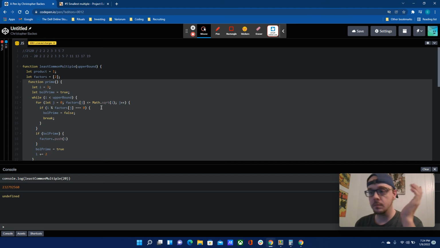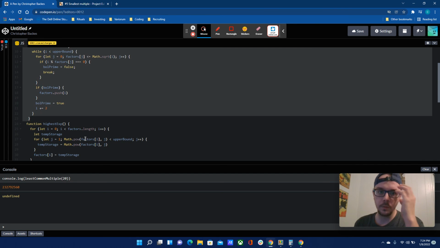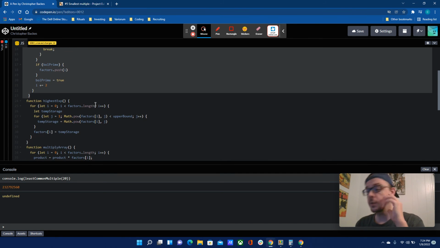But because we are, we get a little bit of a shortcut. Once we have that, we iterate through that entire array, and raise each member element of the array to its highest power.